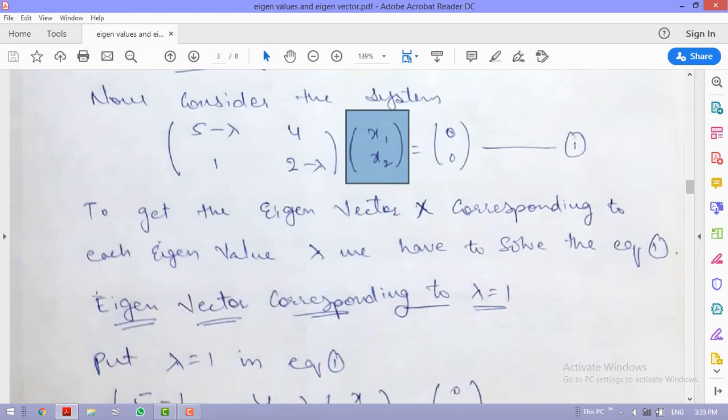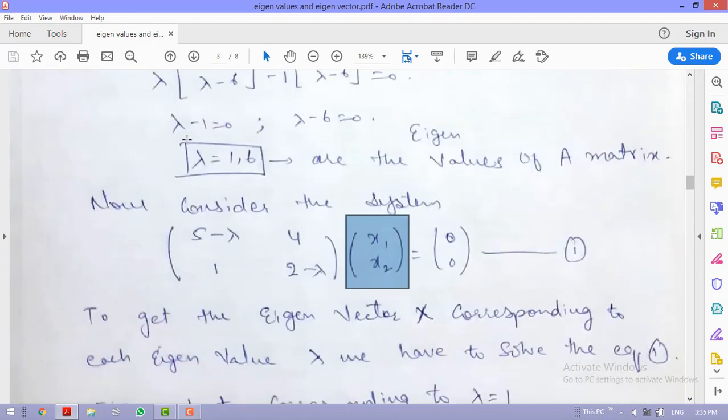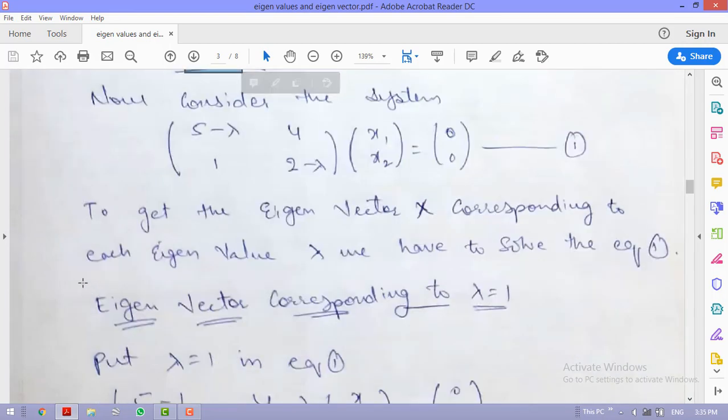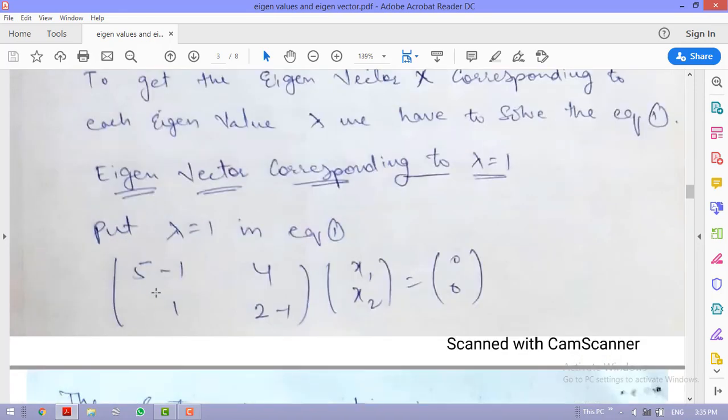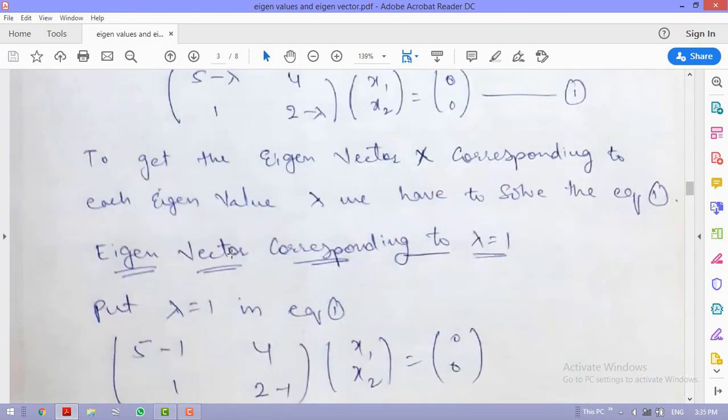So first I am using the first case, which means I'm taking the lambda value as 1. Eigenvector corresponding to lambda equal to 1. By putting lambda equal to 1 in equation 1, I am getting the matrix [5 minus 1, 4; 1, 2 minus 1] times [x1, x2] equals [0, 0].